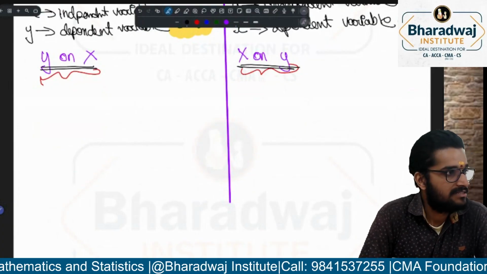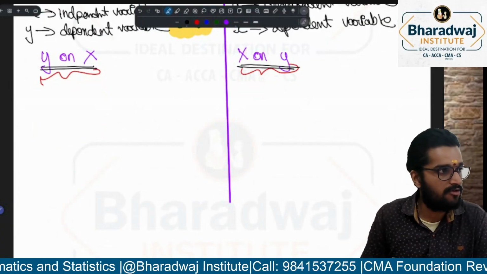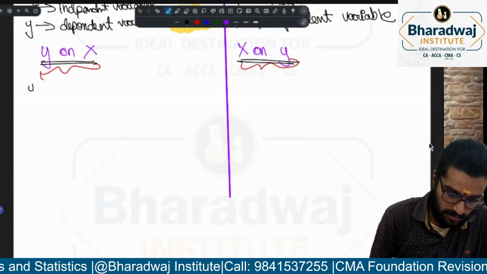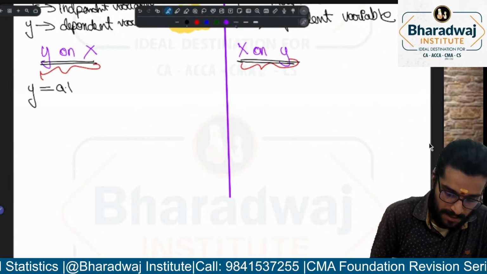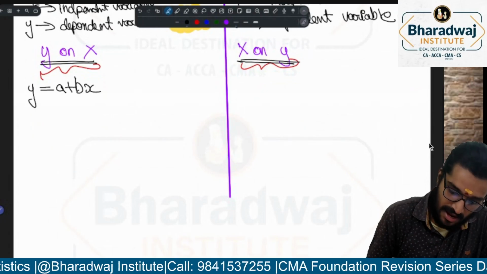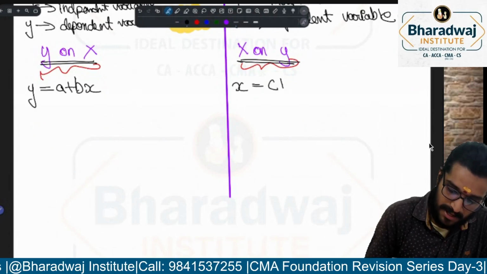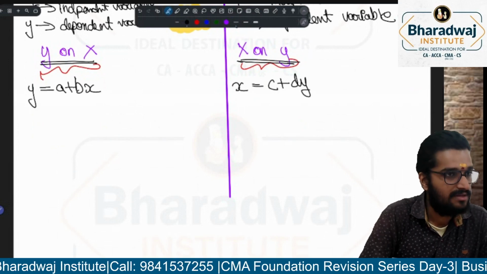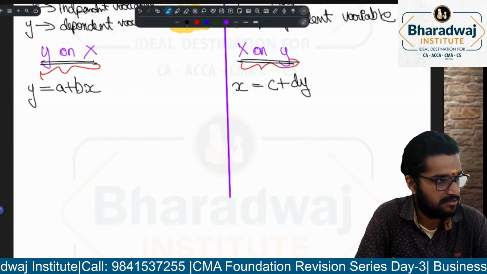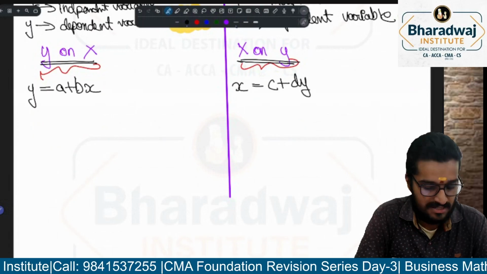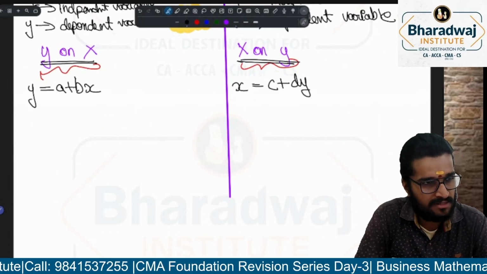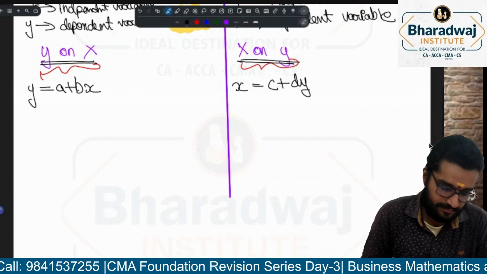The basic formula for finding y on x: y equals a plus bx, and here x equals c plus dy. These are nothing but constants, and we will be naming these constants in a different way.